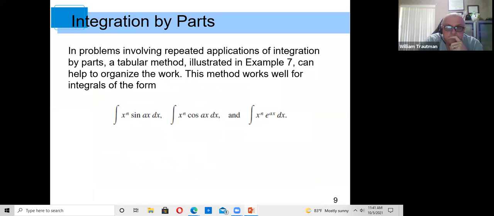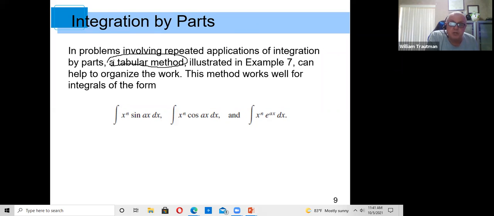If we get a really hard problem like this, it looks hard at first, but there's another method of doing this if we don't want to use the formula. I recommend trying the tabular method.